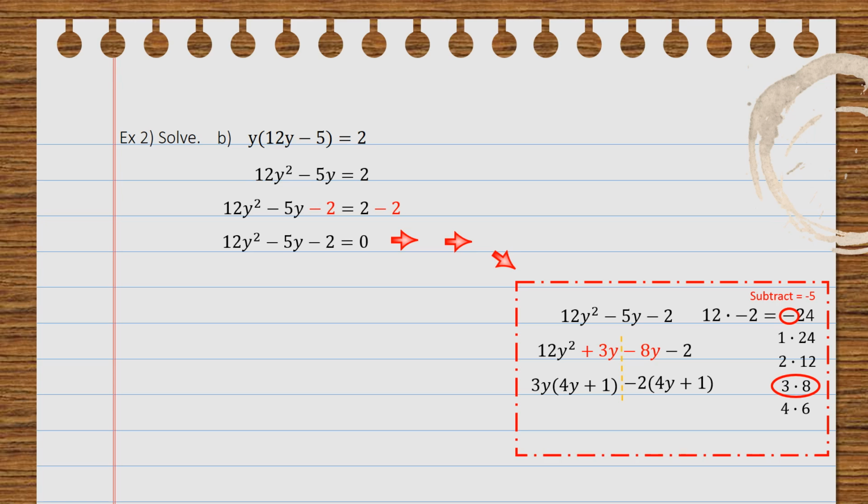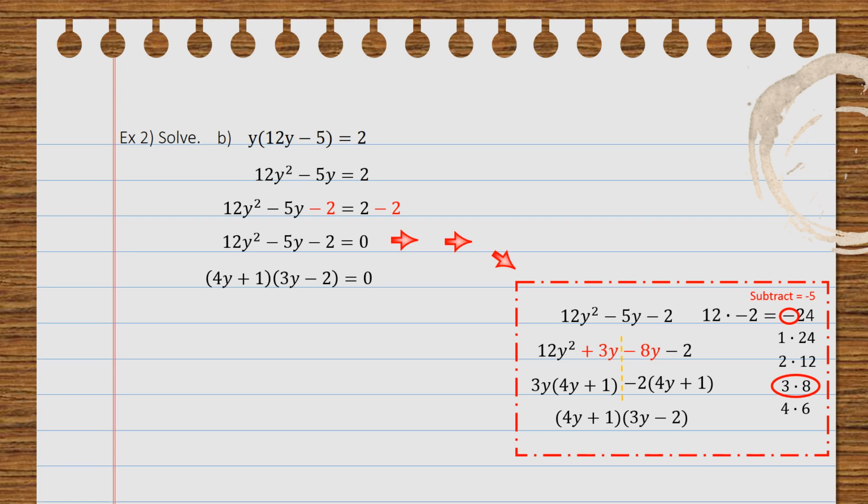Notice 4y plus 1 appears in both parts, so that is your common factor. And if we factor out 4y plus 1, that leaves you with 3y minus 2. We have now factored it, so now we put it back into an equation. 4y plus 1 times 3y minus 2 equals 0.